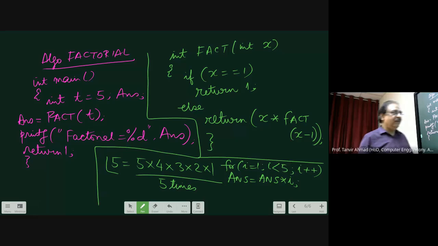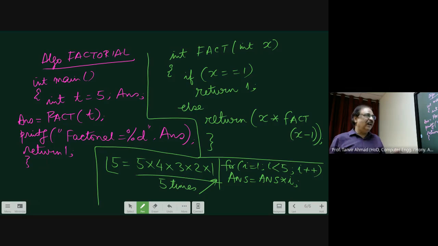And after that I will be getting the answer. After 5 times I will get the answer. Now this is a non-recursive way, but you are looping. This loop will run 5 times. But in the recursive function which I wrote over there, there is no loop.